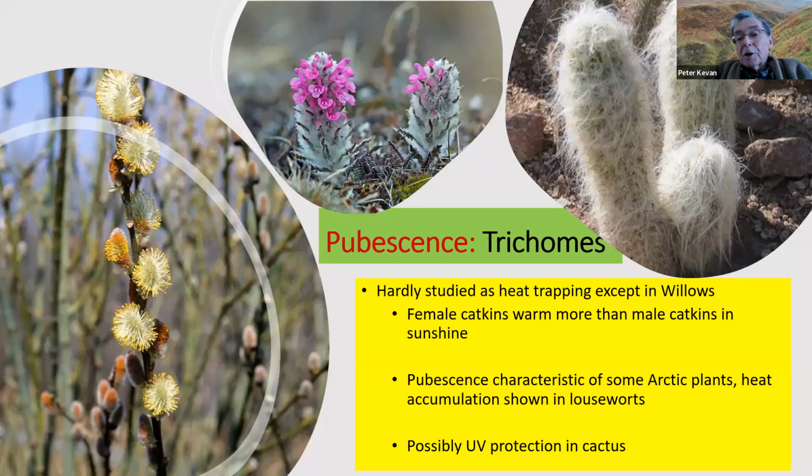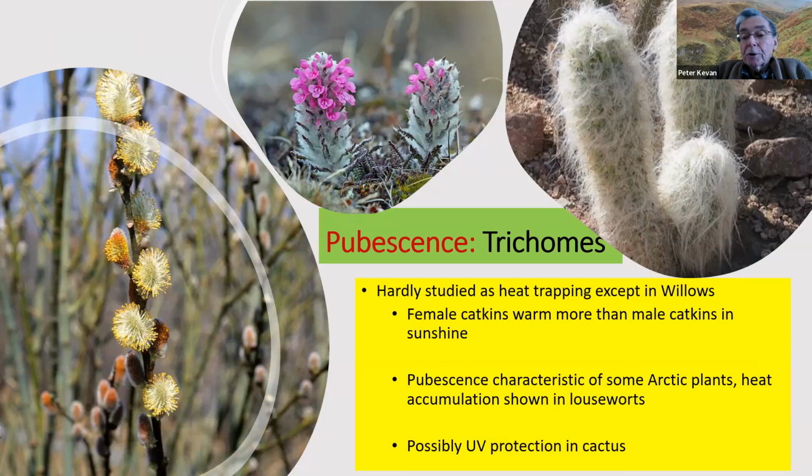And this gives us an idea of the pubescence. It's hardly been studied as heat trapping, except in willows, particularly Arctic willows, in which female catkins are warmer than male catkins in the sunshine. In shade, there's no difference with the ambient air. And then some Arctic plants, such as the one in the middle, which is a lousewort, Pedicularis hirsuta.